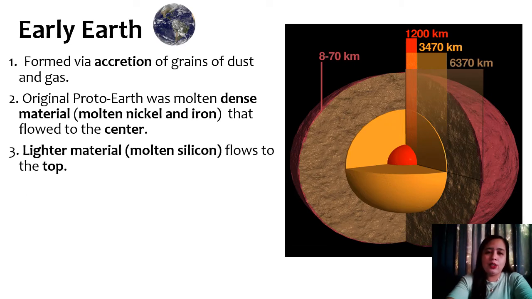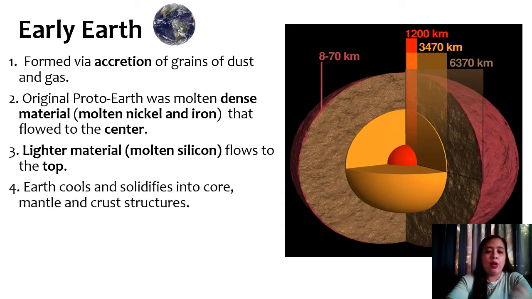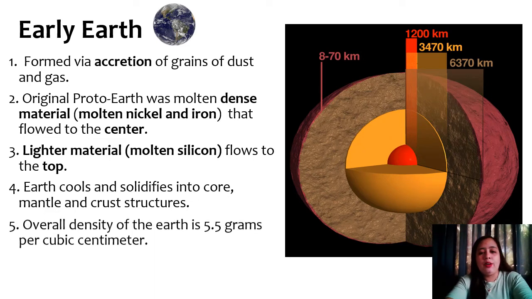The lighter materials, the silicates, the manganese and the silicon, flowed on top of that. That is what we call the iron catastrophe. Consequently, the Earth cools and solidifies into the separate chemical layers of the Earth.